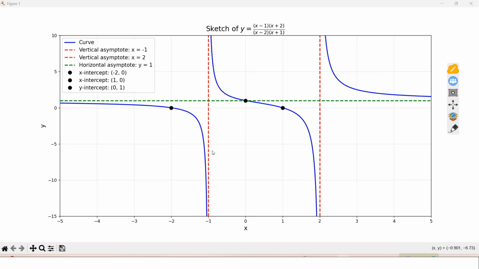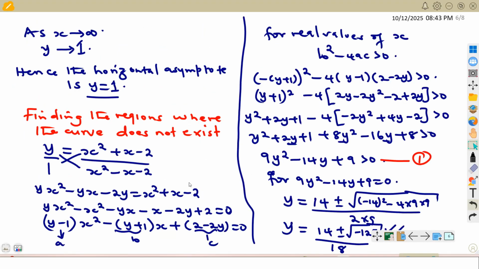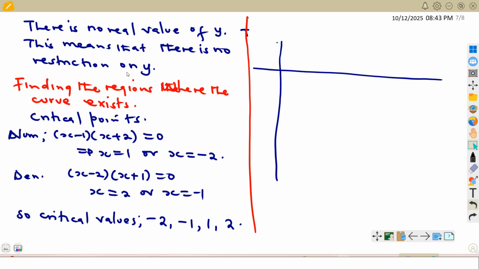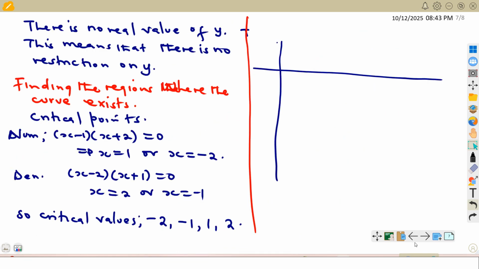Now, we have seen that there is no limitation on y. As we were looking at finding the regions where the curve does not exist, we have seen there is no restriction on y. So the next thing we shall look at will be the regions where the curve exists, and we have obtained these regions.